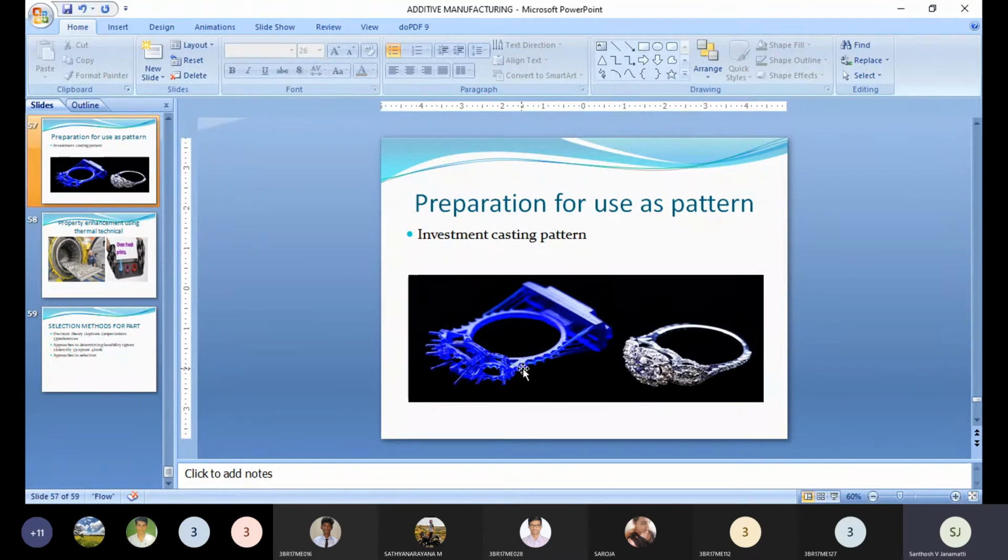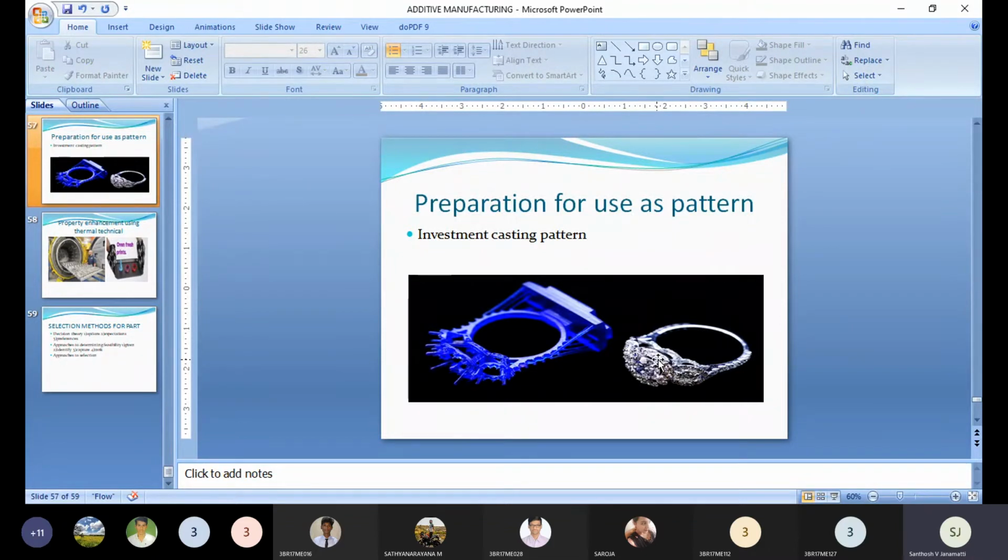Hope you understand. The technology used to produce this pattern is the FDM process. They are creating these kinds of complex patterns, and these patterns are producing such complex jewelry parts. I hope you understand. This is one very important post processing method.